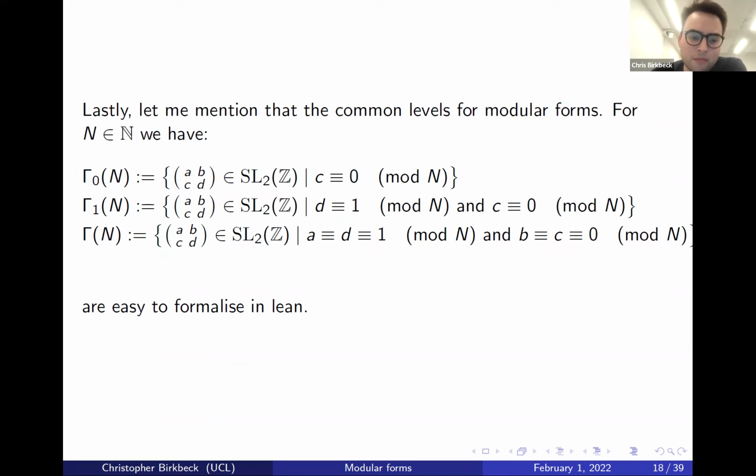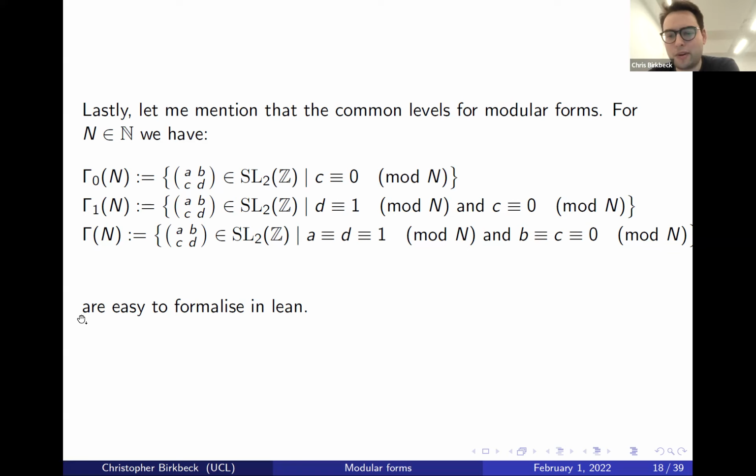Full gamma n, the one at the bottom, is matrices that look like the identity when you reduce mod n. And gamma 1 n is something in between: the ones where, when you reduce mod n, the bottom row looks like 0, 1. These are nice subgroups to work with. The modularity conjecture later is going to be stated for modular forms of level gamma naught n, which is why I mention them here.